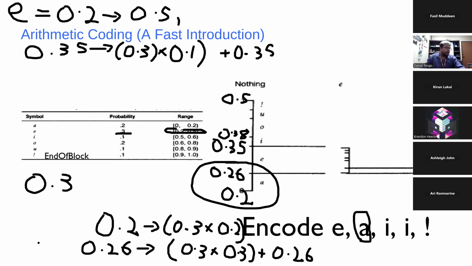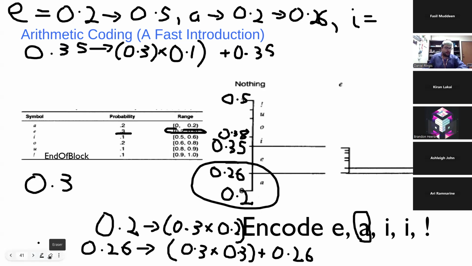Then the next symbol, A, means that we have to be between 0.2 to 0.26. And what's our next symbol? It's an I. We repeat this process until we get all of our symbols done.